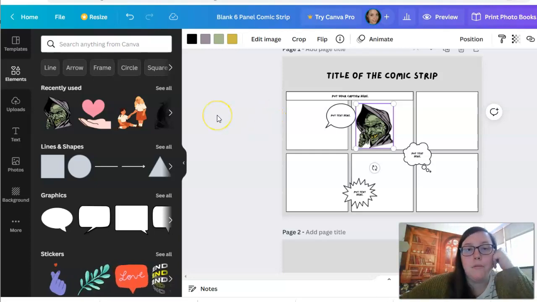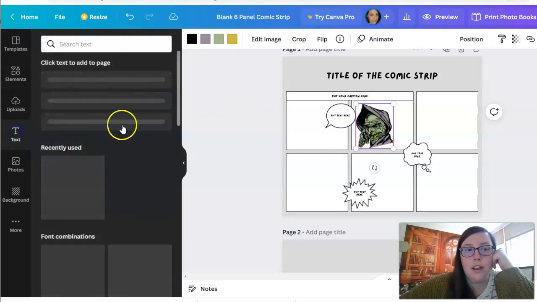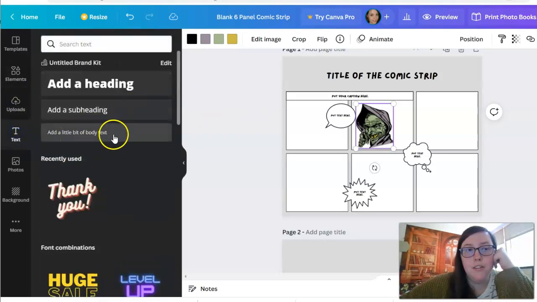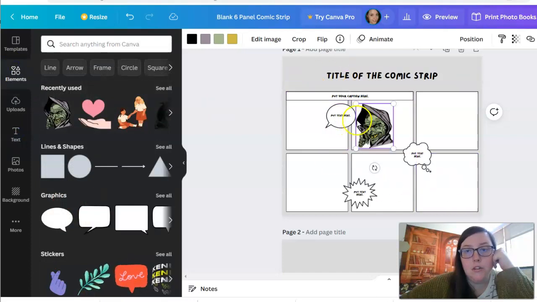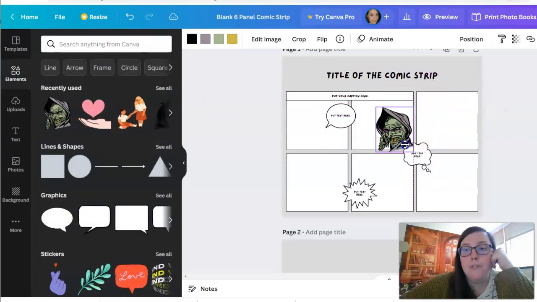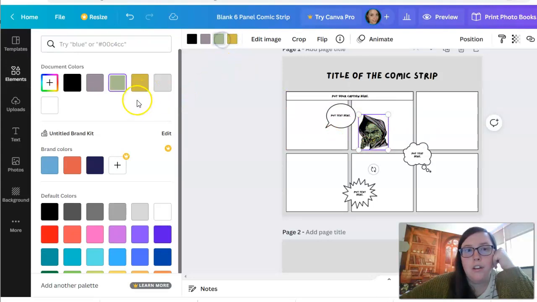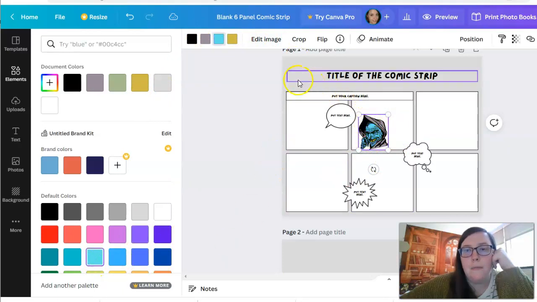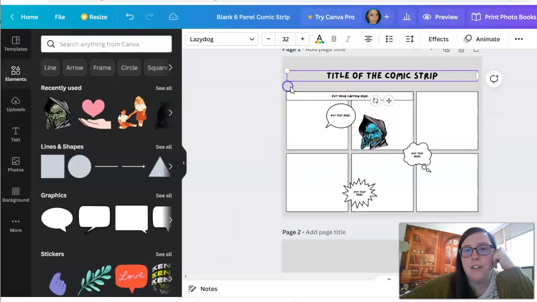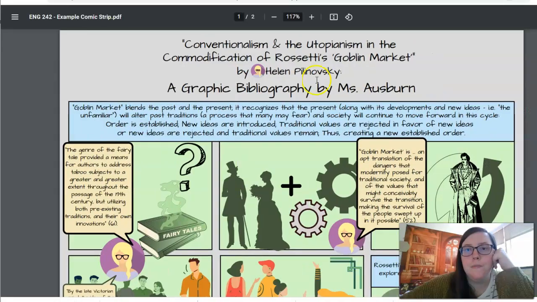But I pretty much just live in adding text boxes and elements to my pages, moving the content where it needs to go, resizing the content, and then sometimes I will play around with changing the color of the content if that is available to me, because that's kind of fun sometimes to get a theme going.